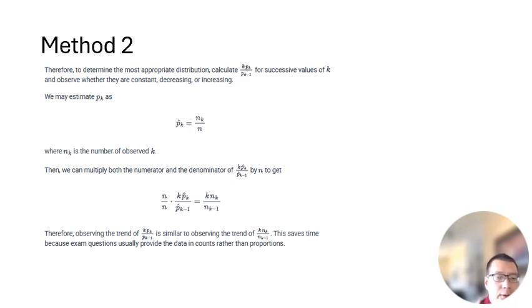Therefore, observing the trend of k pk over pk minus 1 is similar to observing the trend of k nk over nk minus 1. This saves time because exam questions usually provide the data in counts rather than proportions.